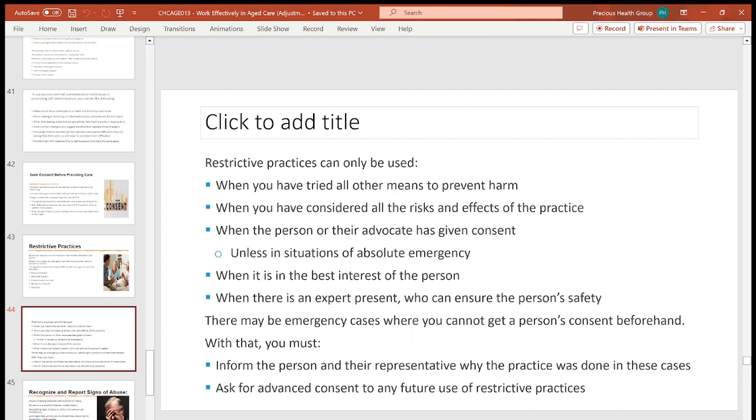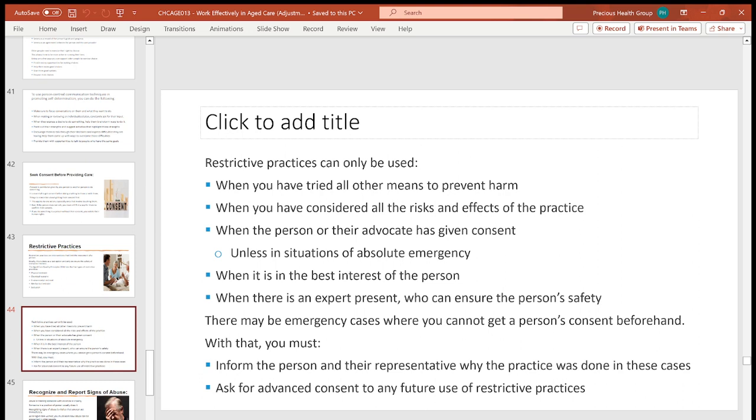There may be emergency cases where you cannot get a person's consent beforehand. In this situation, you must inform the person's representative why the restrictive practice has been used, and ask for advance consent for any future use of this particular practice.